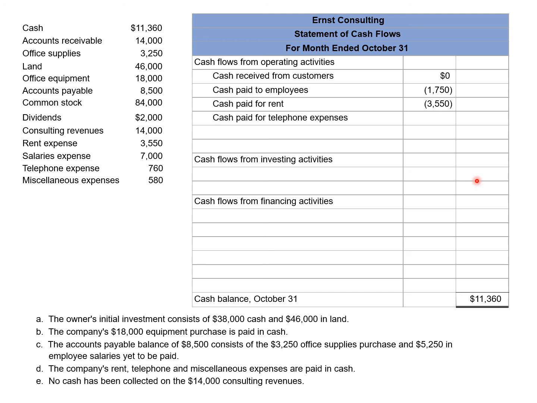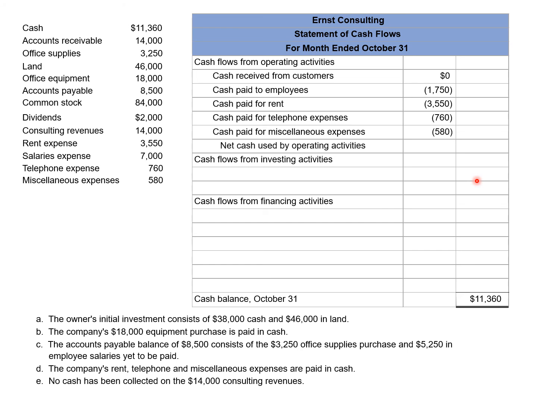Then we have telephone expenses. They also tell us in letter D that those were paid in cash. So your cash is reducing by $760. Then we have miscellaneous expenses. Also, they told us those are paid in cash in letter D. And so you've got miscellaneous expenses reducing your cash by $580.